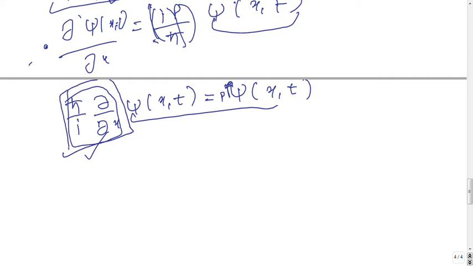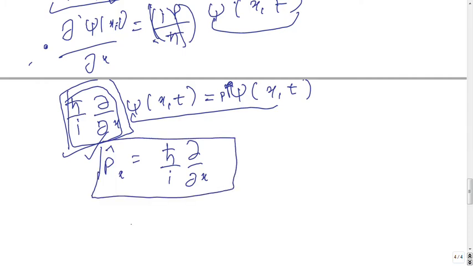this. Okay, let us denote that operator as capital P sub x, and we put a hat over it so that it suggests to us that it is an operator. This is how we define the momentum operator's expression.